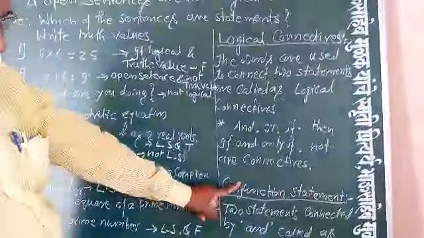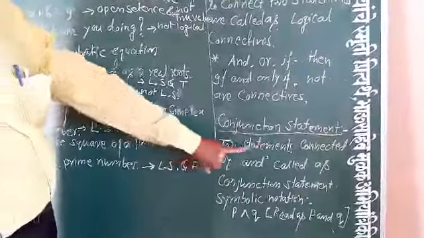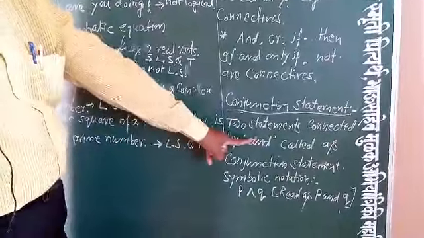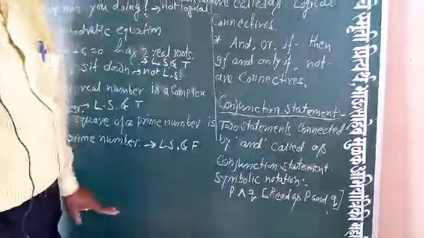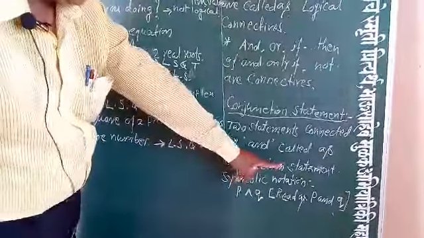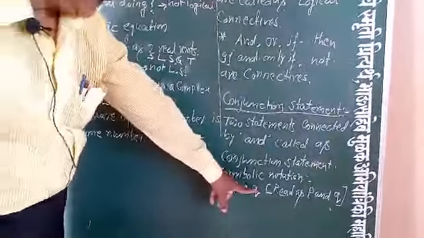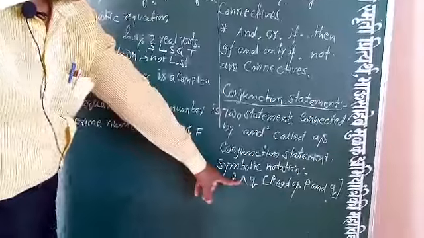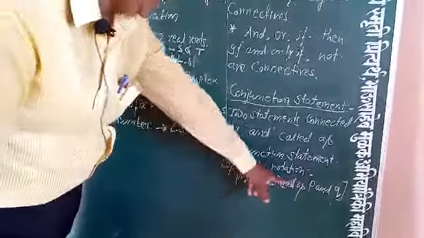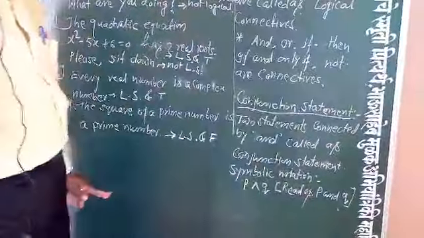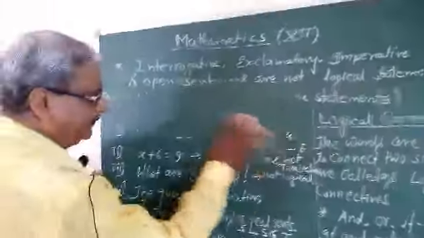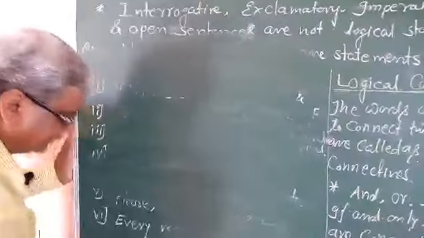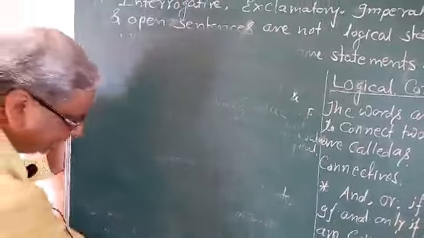Two statements connected by and are called a conjunction statement, and the symbolic notation for this is P and Q, where P is a statement and Q is a statement, connected by and, and therefore read as P and Q. So we see the truth table for it in a simple way. Truth table for the conjunction.